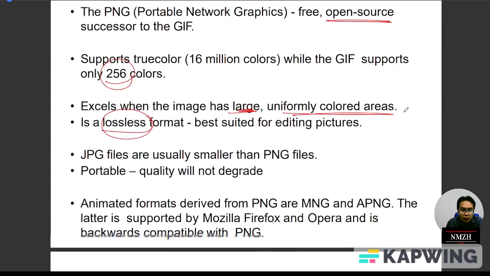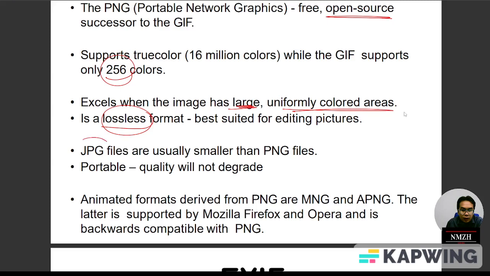JPEG files are usually smaller than PNG, because JPEG is lossy and this one is lossless, so quality will quickly degrade. As portability happens, PNG is taking over from JPEG recently, but still JPEG is widely used for every single application.